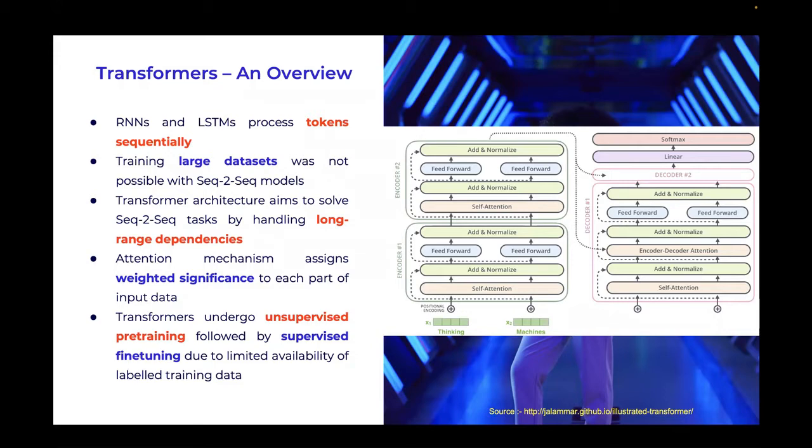So that is where the transformer architecture was evolved from sequence to sequence models. So the transformer architecture, though even it has some limitation on the sequence length, it was able to handle long range dependencies when compared to the RNNs as well as LSTMs.